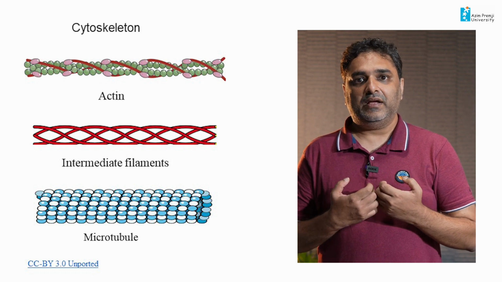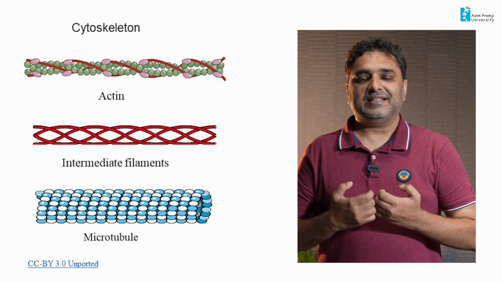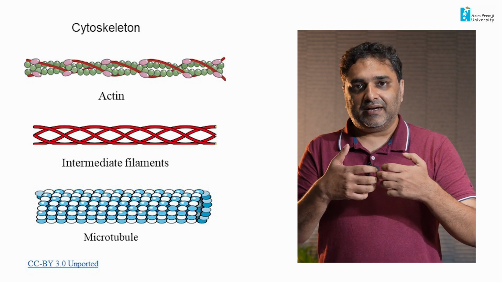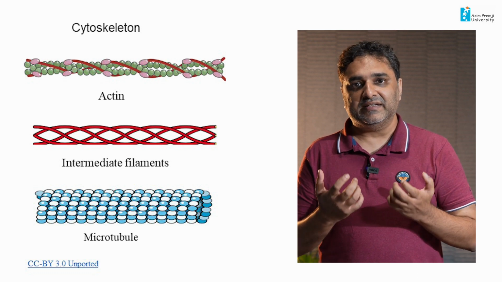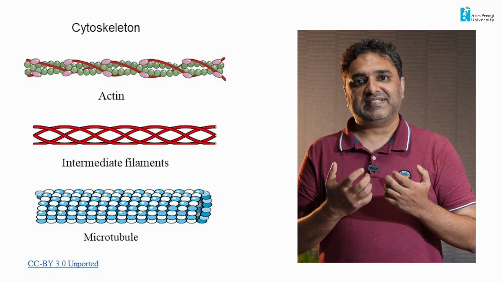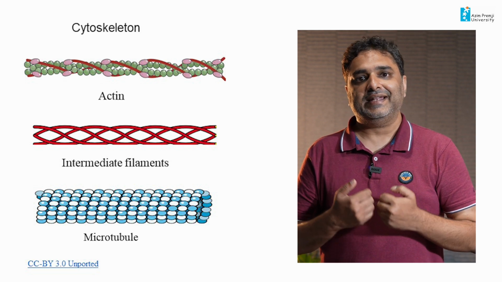So in this slide, what we are showing is the cellular cytoskeleton. The cellular cytoskeleton is like the underlying scaffold within a cell that interacts to build the cellular shape, the cellular size, and it also allows the cells to interact with other cells in its milieu.